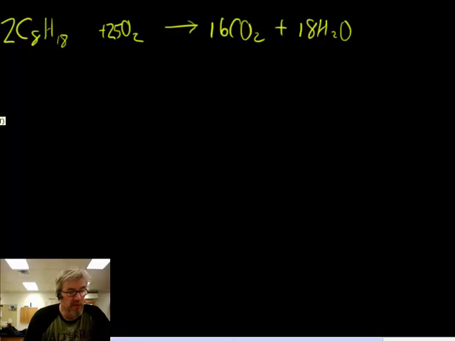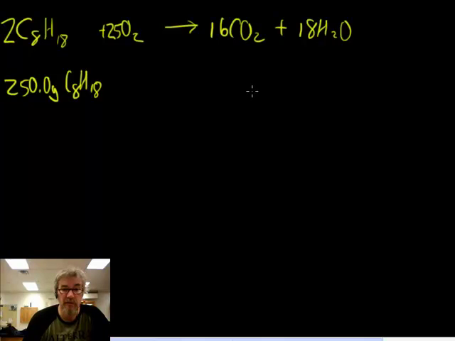What do we know? We know this, that we're starting with 250 grams of octane, C8H18. And where we want to end up is how many liters of oxygen. That's our ending point. Well, we can't go straight to liters because octane is a liquid and oxygen is the gas.